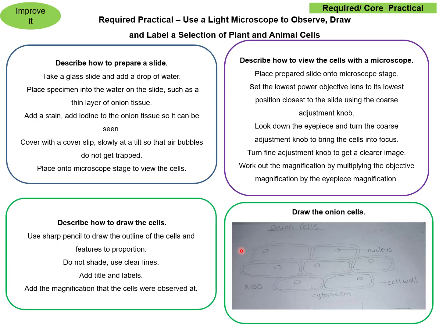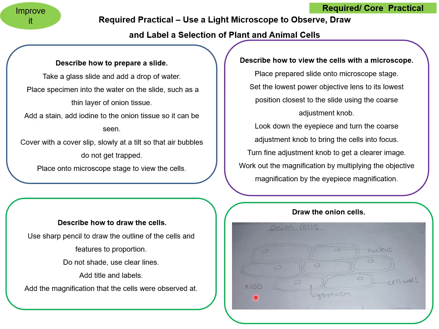So for the plant cells that we view under the light microscope, we usually label the cell wall because we can see an outermost layer, but we can't distinguish the cell membrane separately due to the low resolution. But we can often see a nucleus or several nuclei, so we can get one labelled. And then the stuff that's all inside is the cytoplasm, so that can be labelled as well.